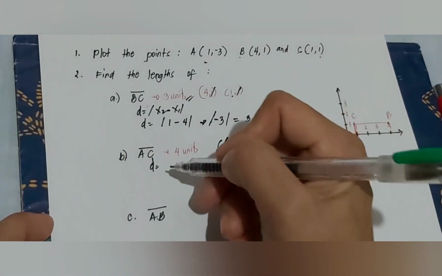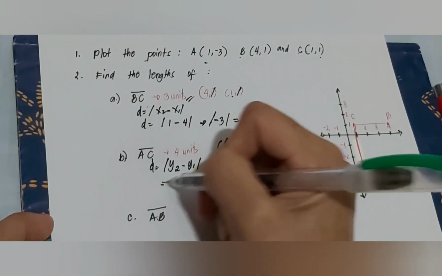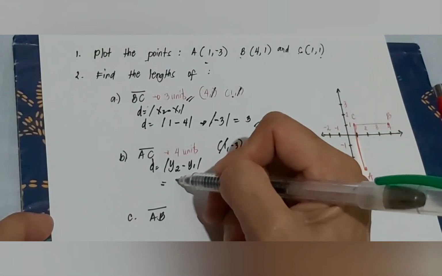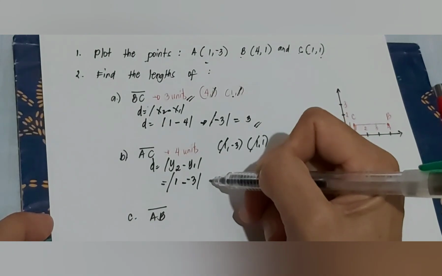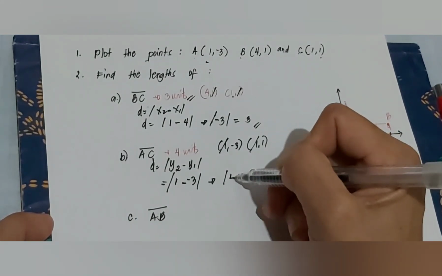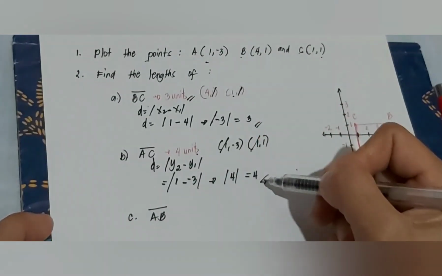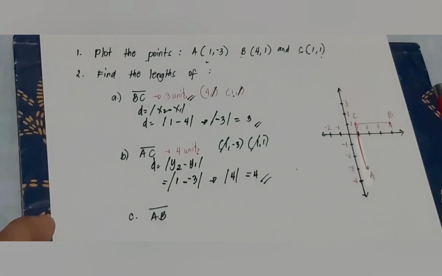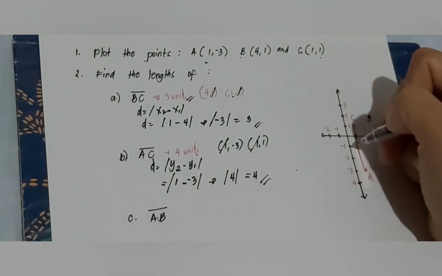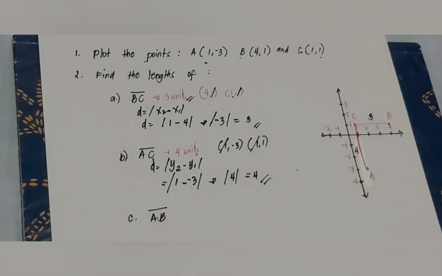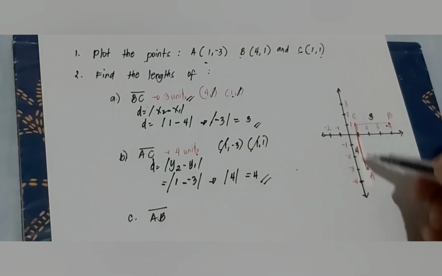We're left with Y. So, Y sub 2 minus Y sub 1, which is absolute value of 1 minus negative 3, which is absolute value of 4, which is equals to 4. So again, pareho lang po ang ating nakuhang distance. Okay, so that means this is 3 and this is 4. Okay, 3 ang BC at 4 naman ang AC.